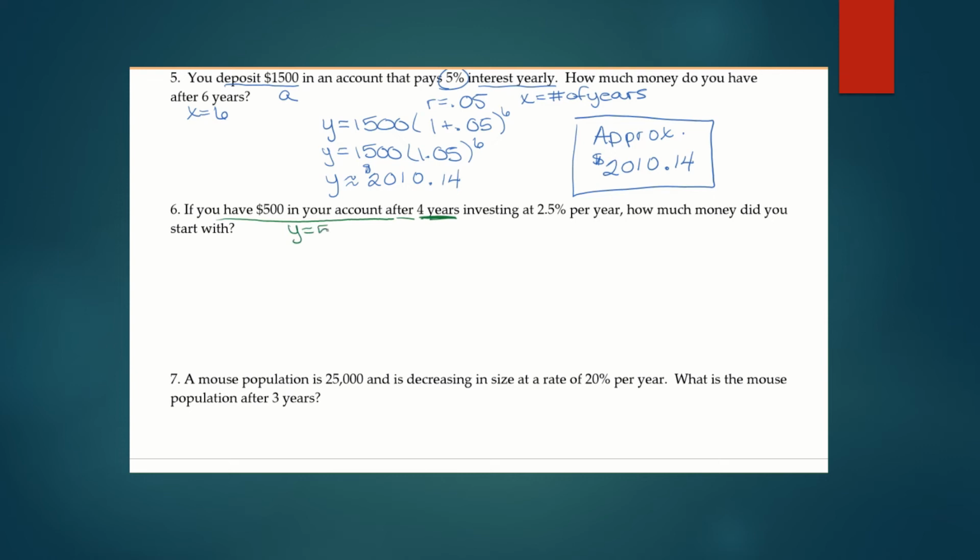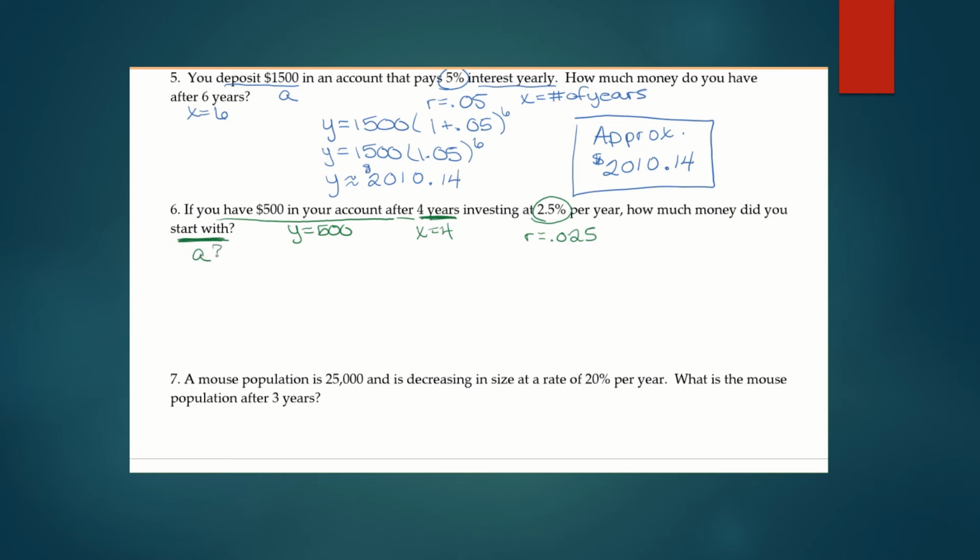Y equals 500. After 4 years, that's time. So our x was 4. Investing at 2.5% per year. This is our growth rate, because remember, whenever we're investing or we're talking about interest, we're gaining money. So our rate was 0.025. And then let's see, how much money did you start with?